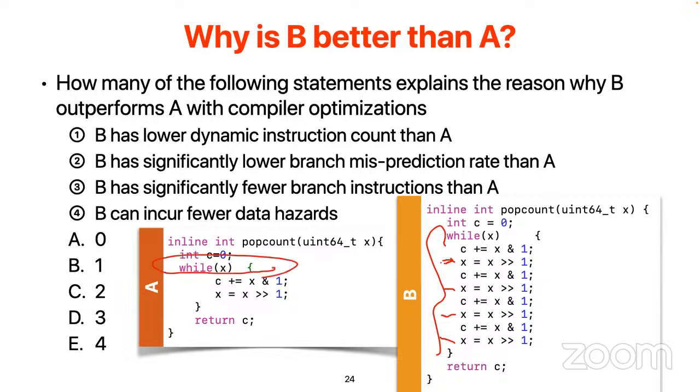So in the past, if you have 64 digits, and if you're unlucky, the number is a really large one. It takes you 64 bits, right? Then in the worst case, this would execute 64 times. But for this one, it's 16 times. All right. So that's why you have fewer branch instructions.